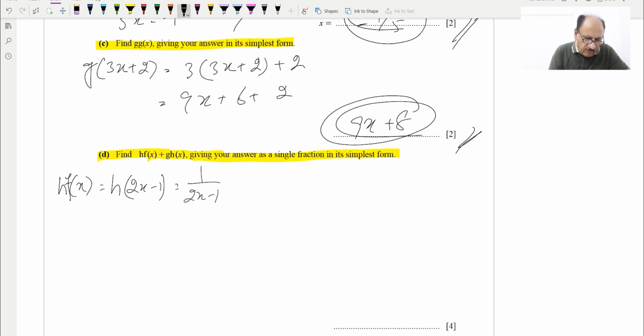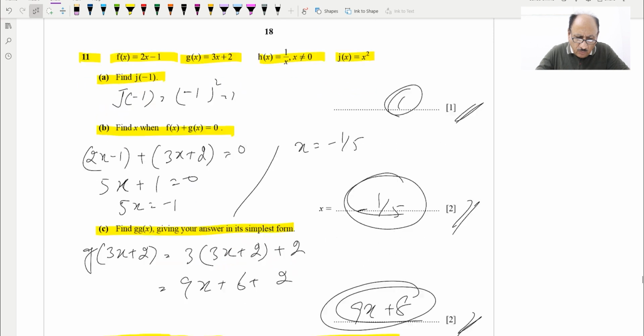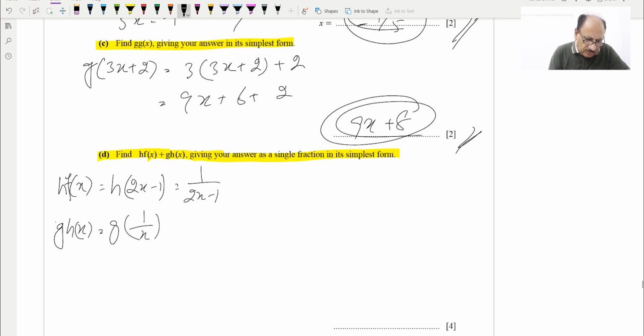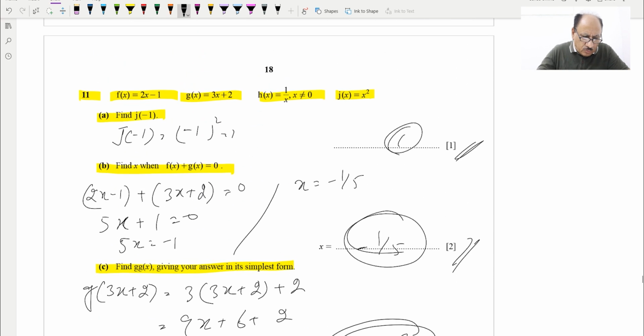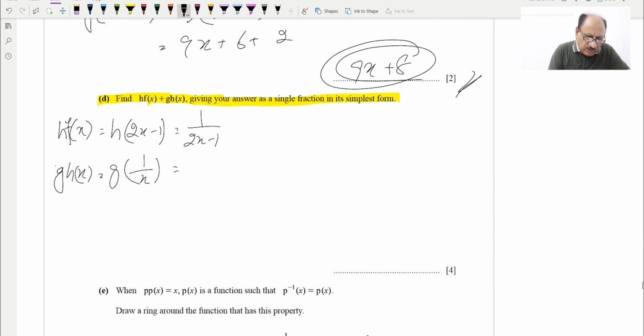Then g of h of x, where h of x is 1 over x, and g of x is 3x plus 2. So we can write 3 times 1 over x, plus 2. So now we can add these both.